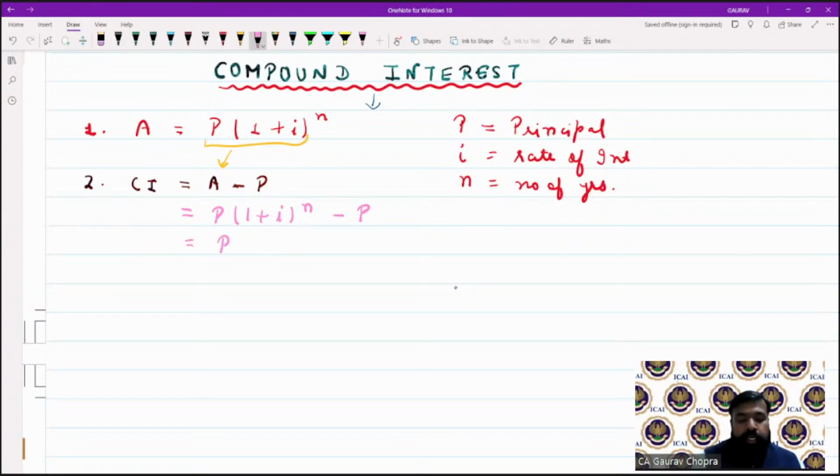We can take P as common. So what is left? 1 plus I to the power of n minus 1. So this is the formula for calculation of compound interest. These are the two main formulas which we are going to use today.